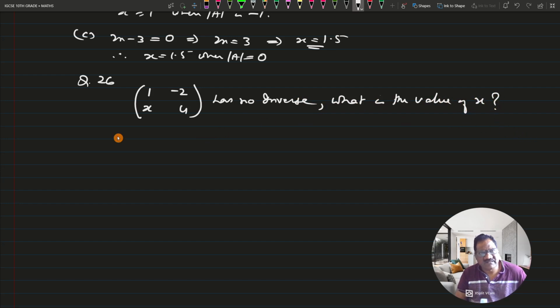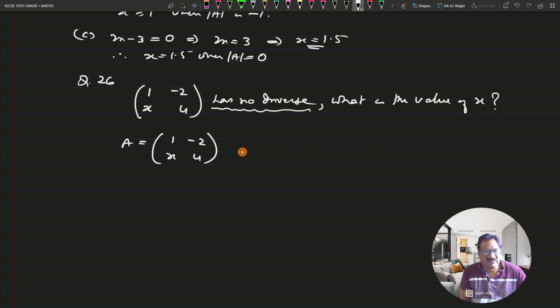Suppose this matrix is A. So A is 1, -2, x and 4. Now this matrix has no inverse. This means that the determinant of A will be equal to 0. So if it has no inverse, the determinant of A will be equal to 0.